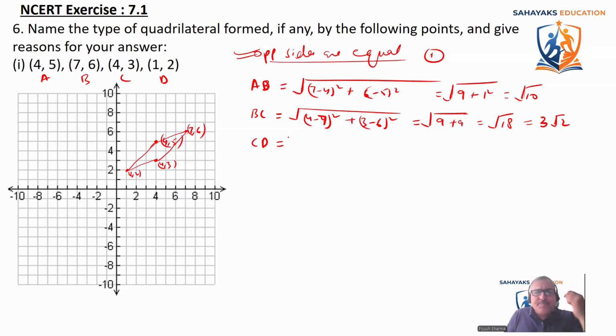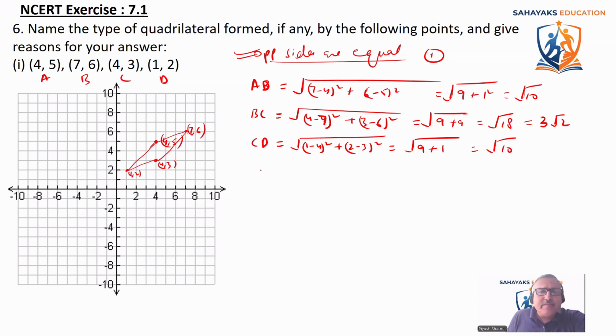CD is equal to square root of (1 minus 4) whole square plus (2 minus 3) whole square. So 1 minus 4 is minus 3, square is 9, plus 2 minus 3 is minus 1, square is 1. It comes out to be square root 10. And then we'll find out DA as well.